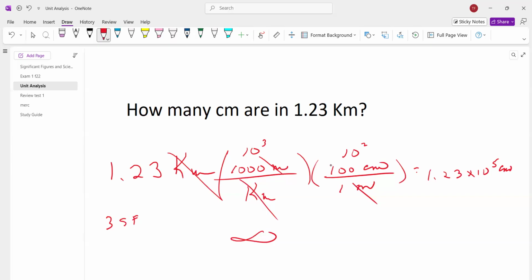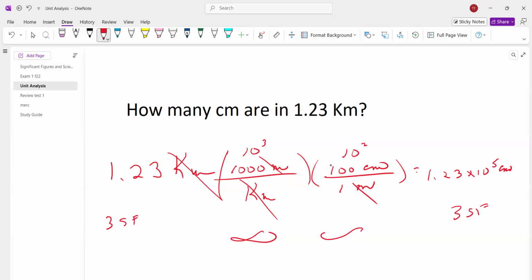Now remember, forgot who it was, we're doing dry labs, and they immediately started converting 1,000 into 10 cubed, 100 into 10 squared, and then we would add the exponents. That works fine too. Our answer is going to have 3 sig figs.